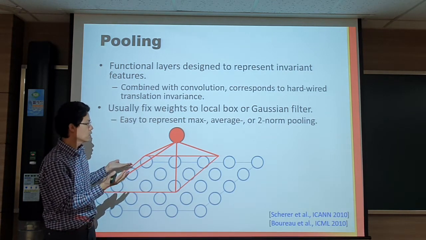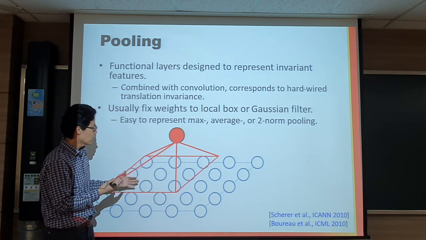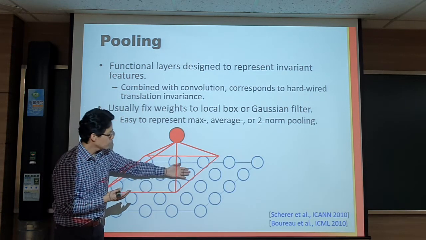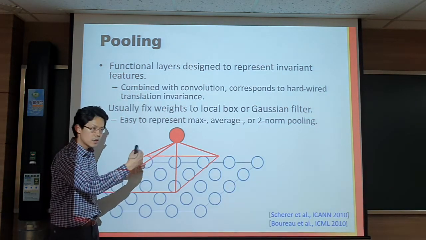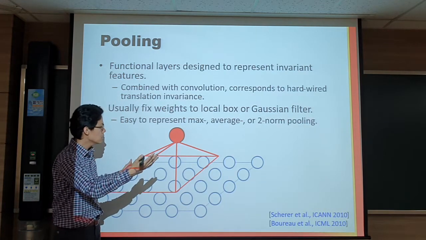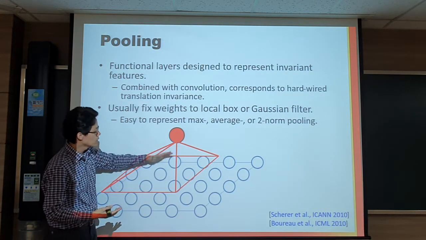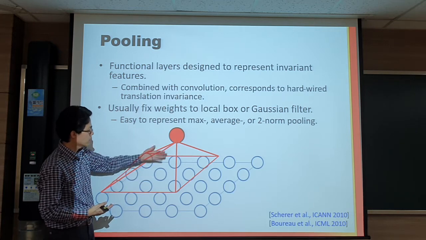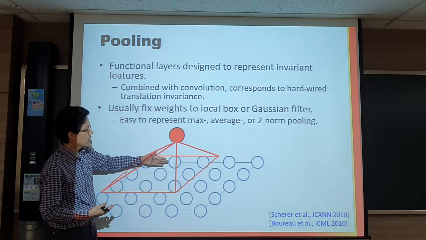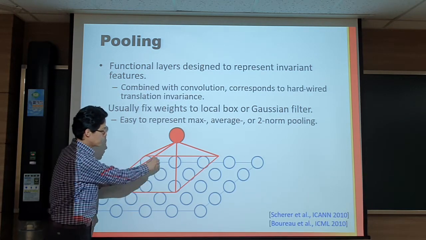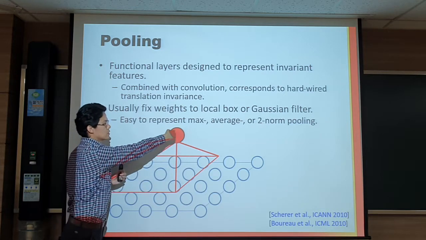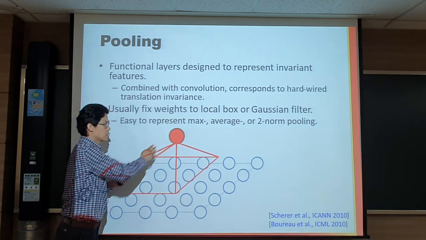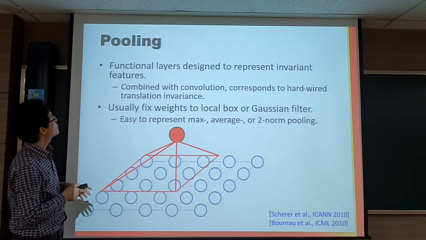Also, if you look at the local maximum, it can be located over there or there depending on your location or view direction in your image. But if you take the maximum out of this local patch, that value can still be captured in this activation, even though they are located here and there, right? That's the main idea of the pooling.